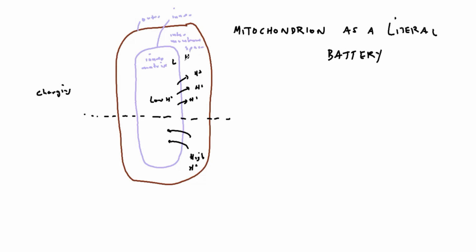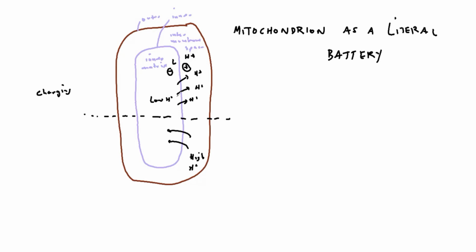But I said this is a literal battery because hydrogen ions carry a positive charge. Having a low concentration of hydrogen ions in the inner matrix means there's a negative side and a positive side. So we actually have an electrochemical gradient: electricity as well as an osmotic or diffusion gradient.